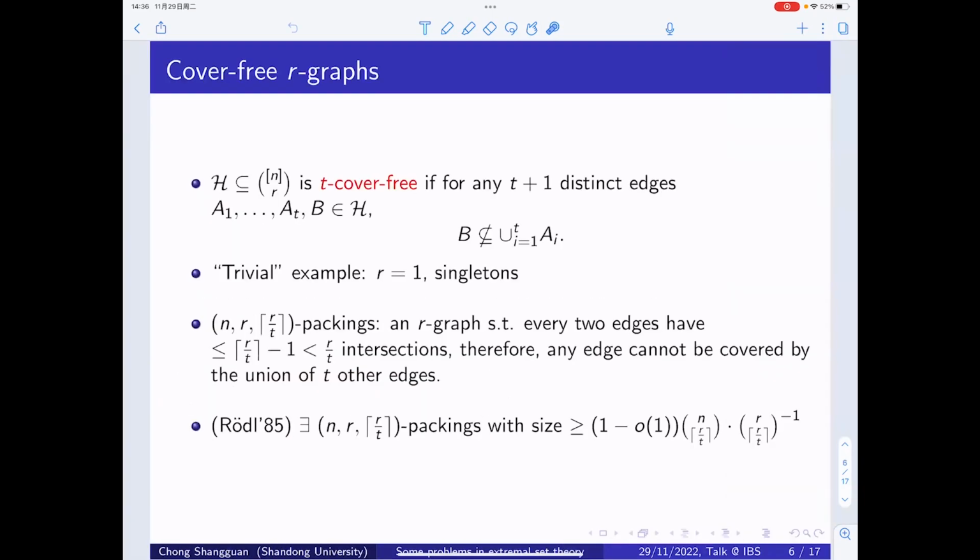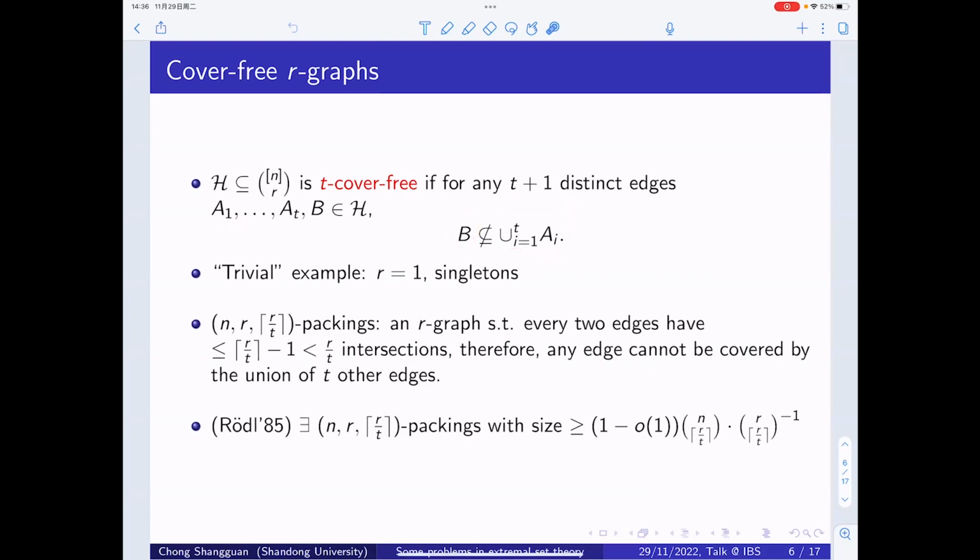Let us first look at cover-free hypergraphs. In fact, we already have a pretty good understanding of the maximum size of cover-free hypergraphs. We call an r-graph t-cover-free if for any t plus 1 distinct edges A1, ..., At, and B, B is not contained in the union of the Ai's.